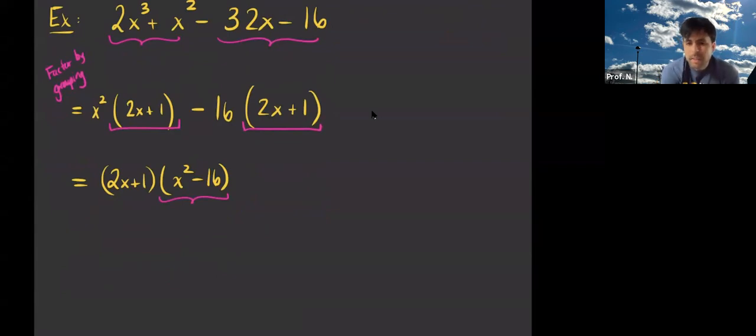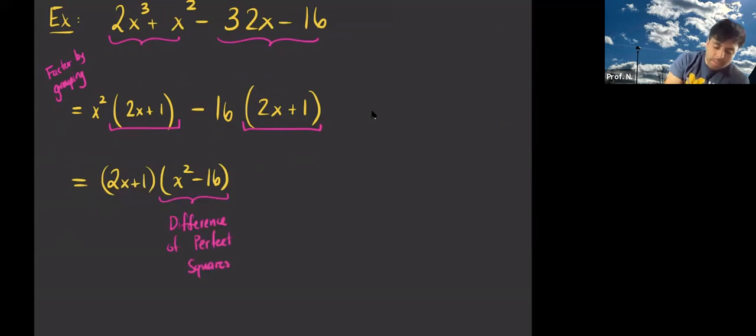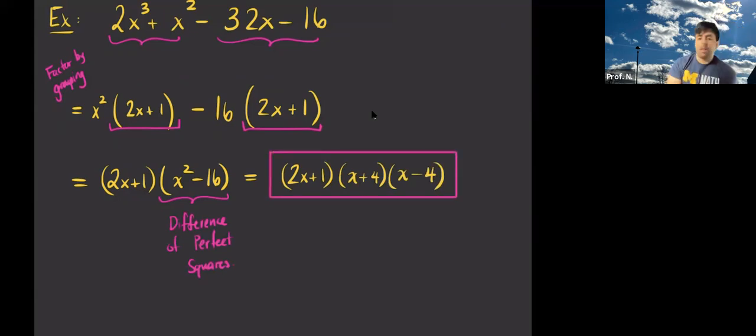Yes, it's a difference of perfect squares. So I can write this as 2x plus 1, x plus 4, x minus 4. And I'm done. I can't factor this any further.